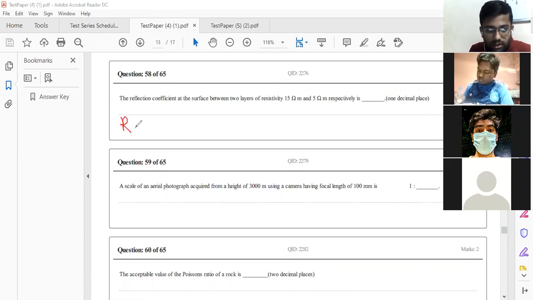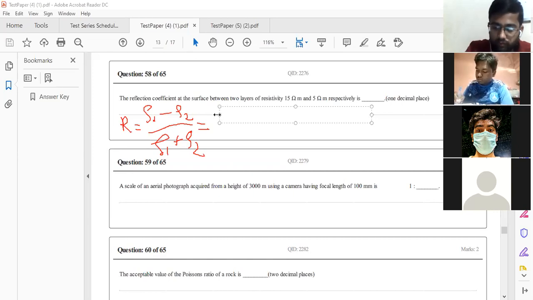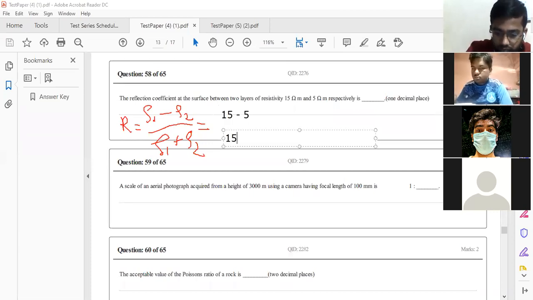It is R is equal to rho 1 minus rho 2 divided by rho 1 plus rho 2. Let's solve this. We get 15 minus 5. In the denominator, you will get 15 plus 5.